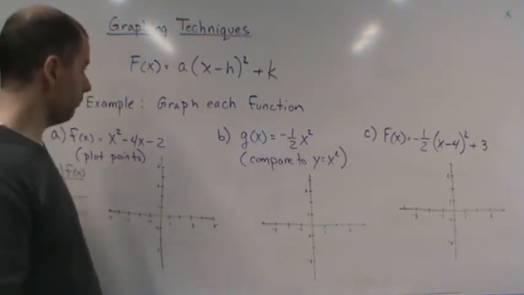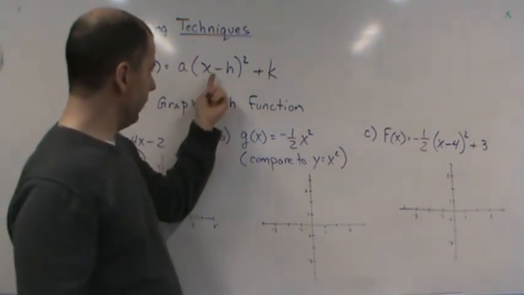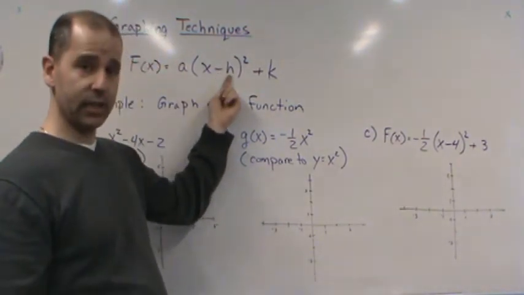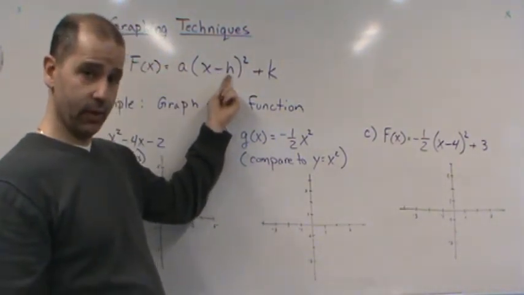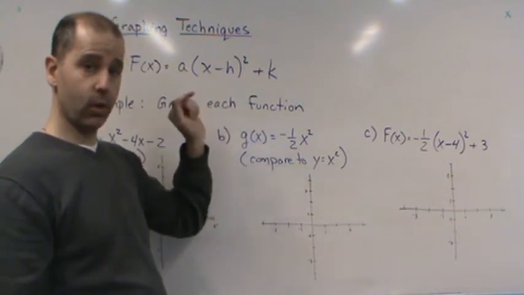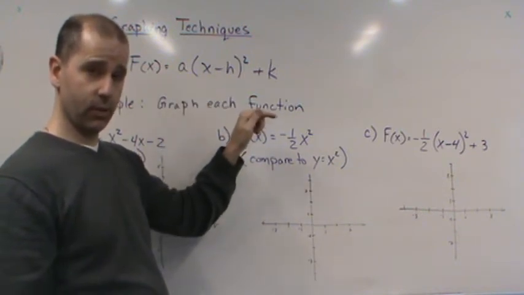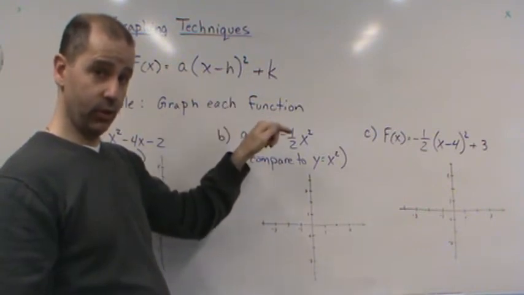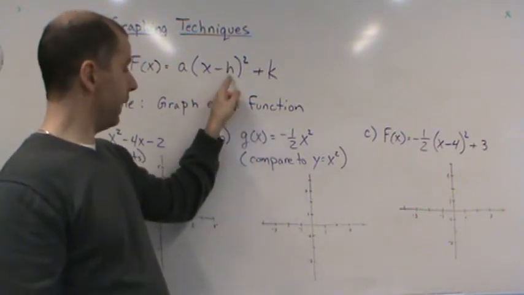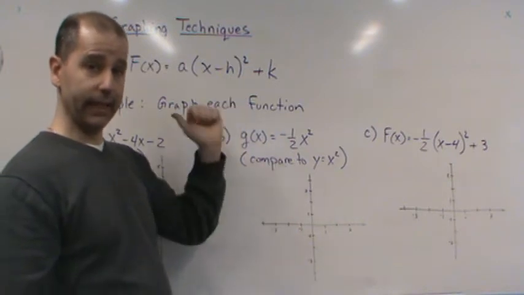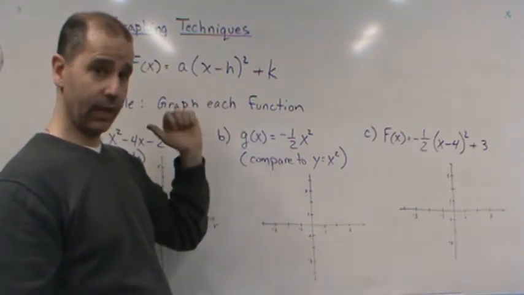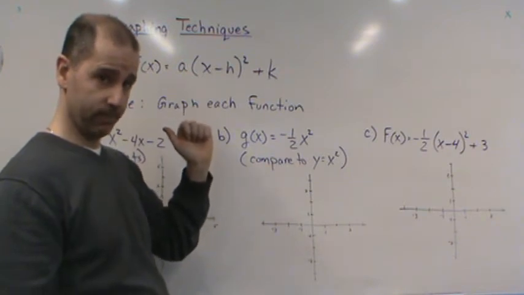Now, if we have a subtraction here, then if h is positive, it's a horizontal shift to the right h units. If h is negative, it's a horizontal shift to the left h units.